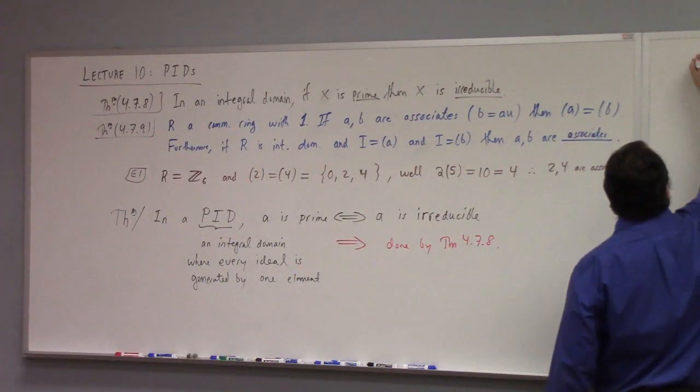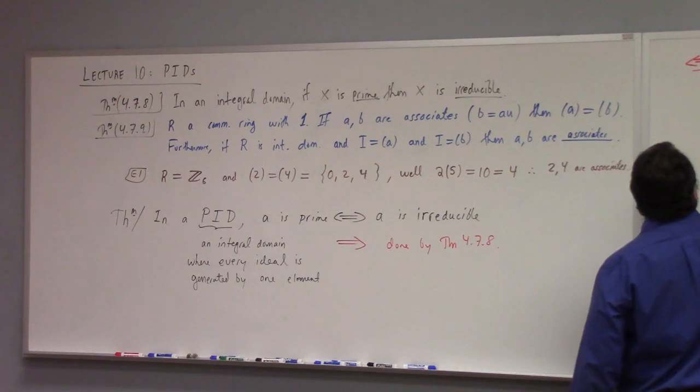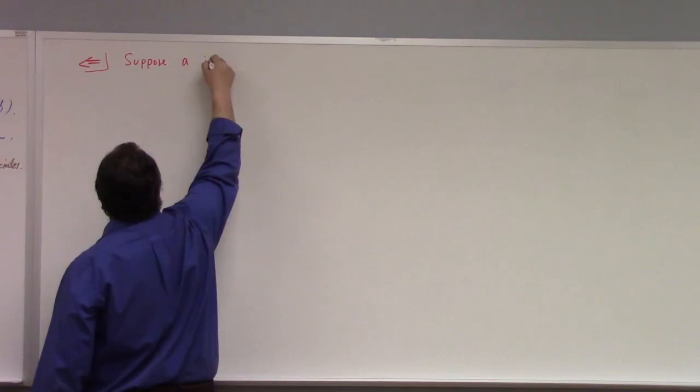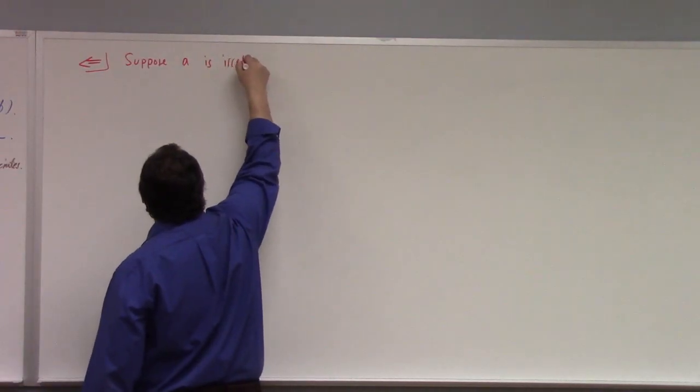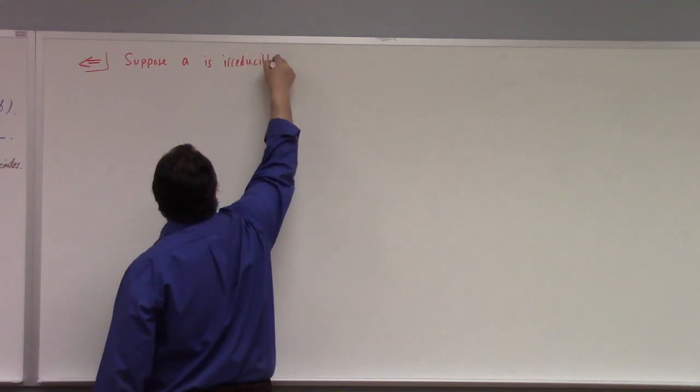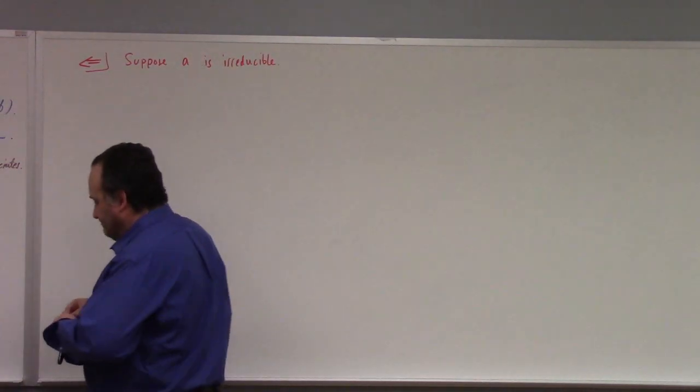All right? So let's suppose A is irreducible. Our goal, our mission, should you choose to accept it, is to prove that A is a prime element.